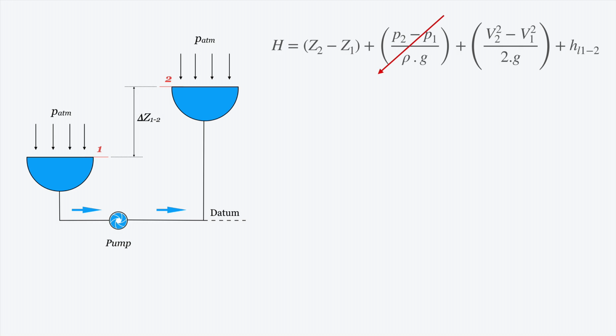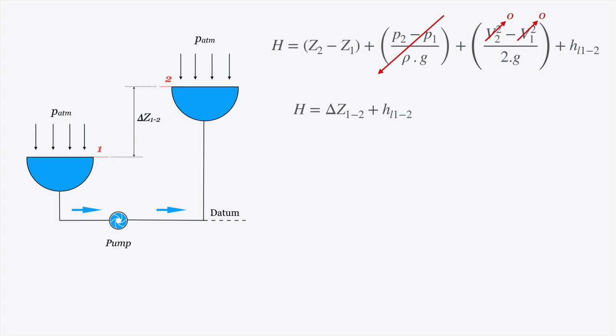Another thing, and very important: if we have selected the liquid surface as the reference section, since the fluid is in static conditions or doesn't move at the fluid surface, we can consider that the velocity at both liquid surfaces, at section 1 and section 2, is equal to 0. So the equation remains as you see here.